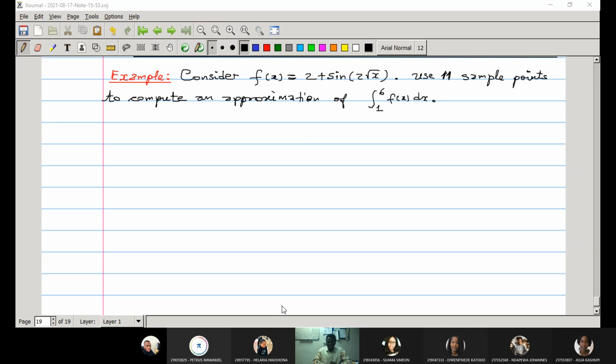Camilo, what did I say in terms of even number of something? Here we are given 11 sample points. Is it possible for us to use the Simpson rule?